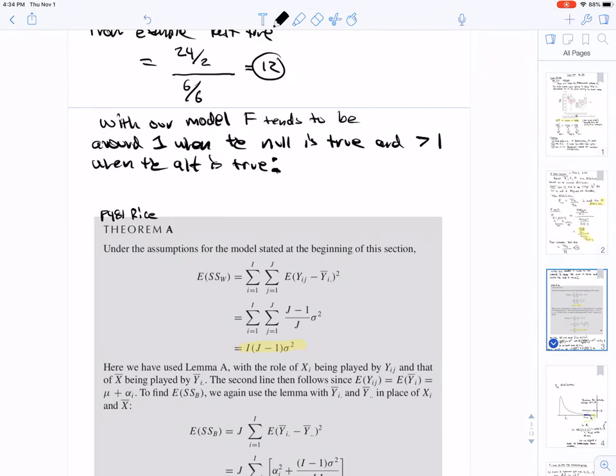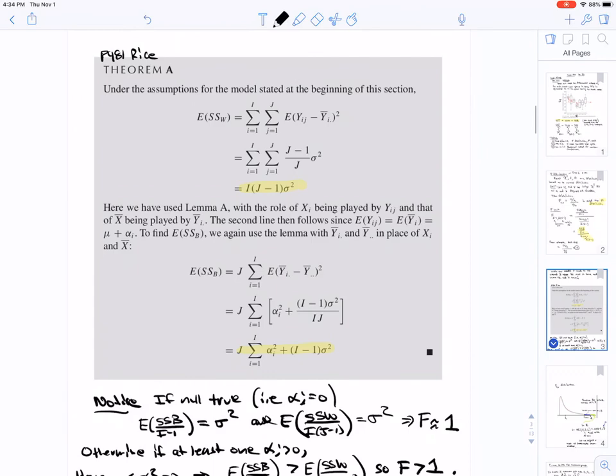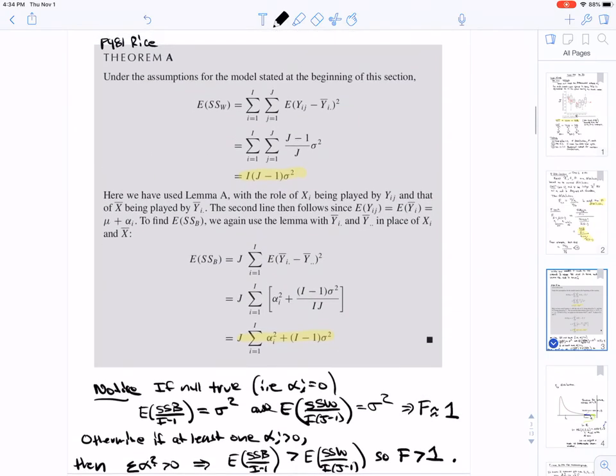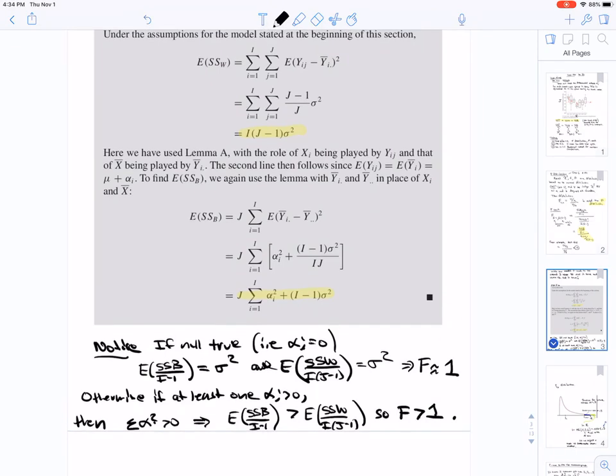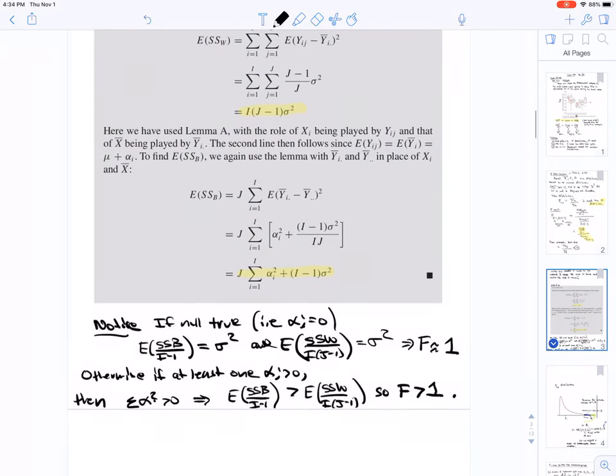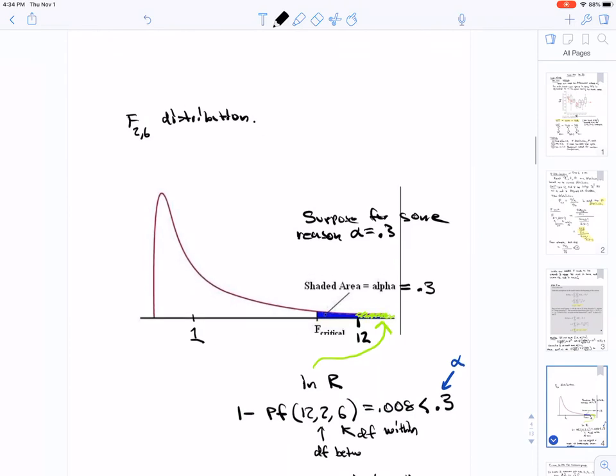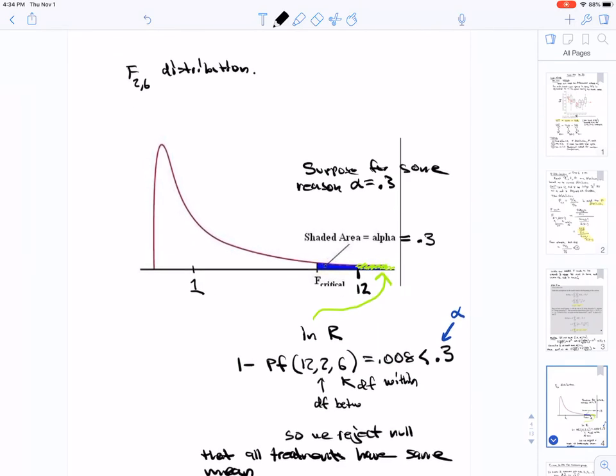So now, what does 12 mean? If the null is true, your F statistic should be around 1. If the null is not true, the F should be larger than 1, and that actually follows from page 481 in Rice, and I'll let you read this here. So the F distribution looks something like this.